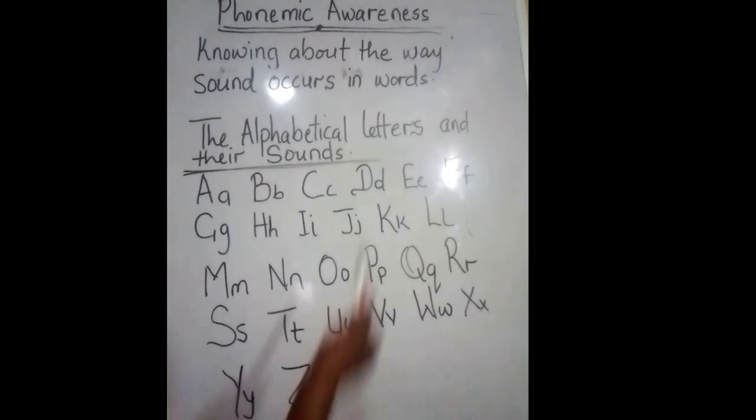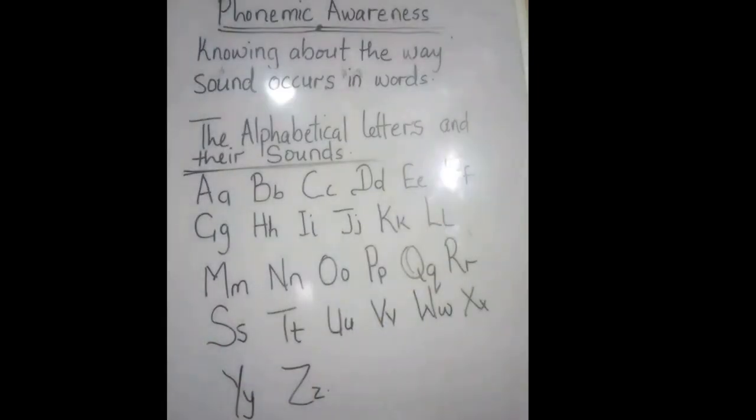Okay, so letter L makes the sound L, L, L. Letter M makes the sound M, M, M. Letter N makes the sound N, N. This letter N is commonly referred to as a nasal sound because it goes through your nose.